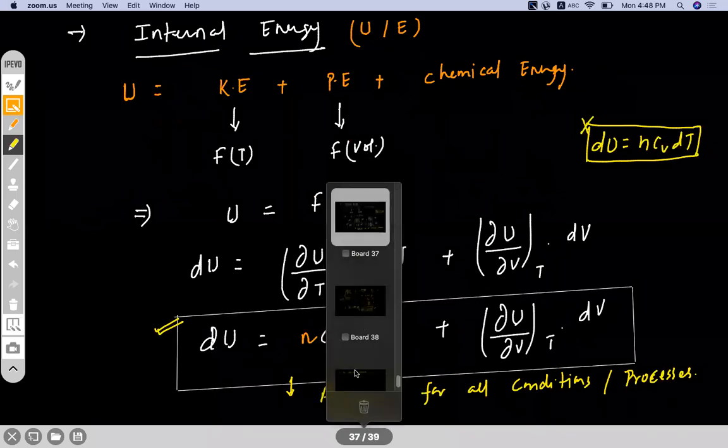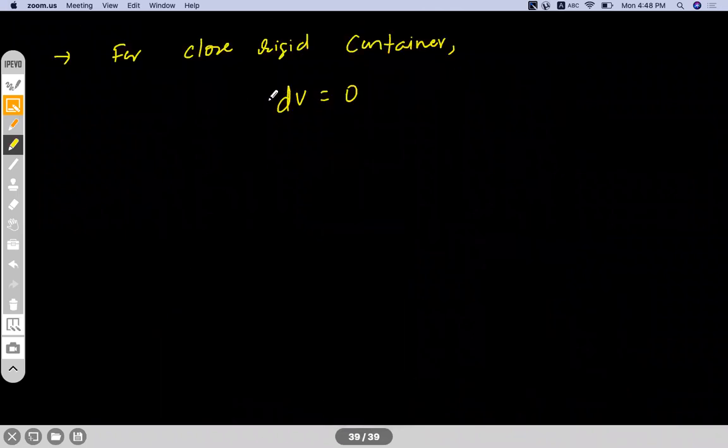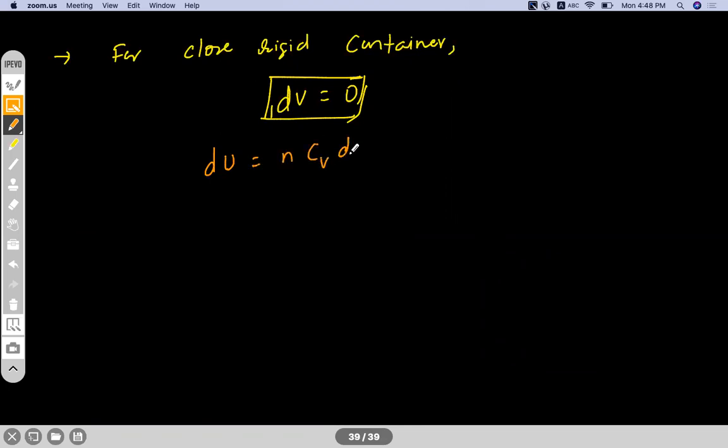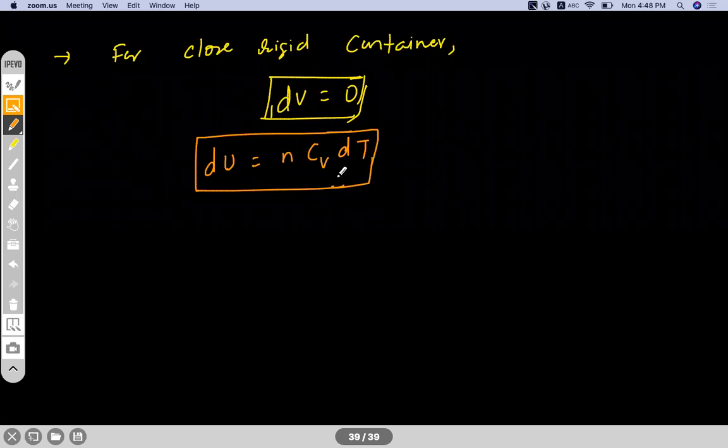So if you have a non-ideal gas present in a closed rigid container, then also the formula for du is equal to ncv dt. This formula is applicable for all ideal gas or for a closed rigid container. So if a real gas is present in a closed rigid container, then also we can apply this formula.